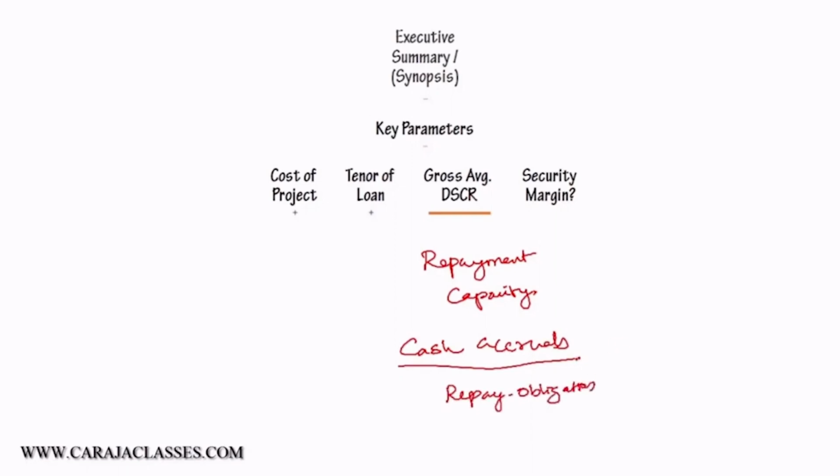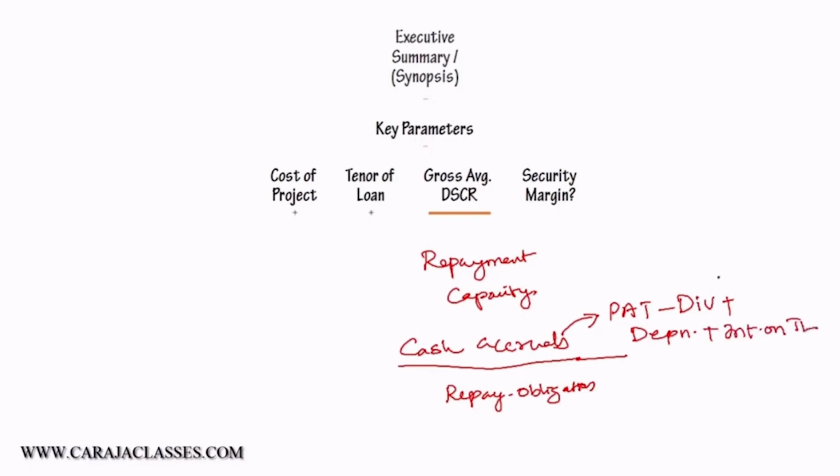So when I say cash accruals, how are these cash accruals derived? It is basically profit after tax minus dividend plus depreciation plus interest on term loan.